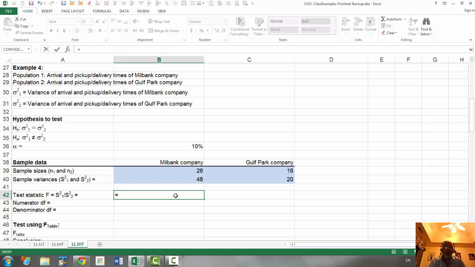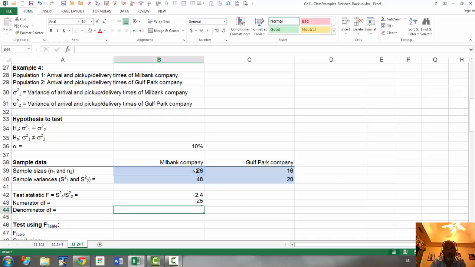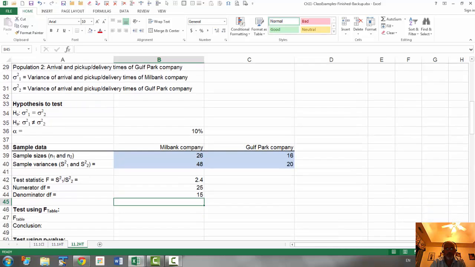Whichever way, all you need to do is to make sure that you set up your F table value and the P value correctly. So here it so happens that S sub 1 squared is larger than S sub 2 squared, so F will be larger than 1. And then the numerator degrees of freedom is n minus 1 for the numerator sample, and n minus 1 for the denominator sample is the denominator degrees of freedom.